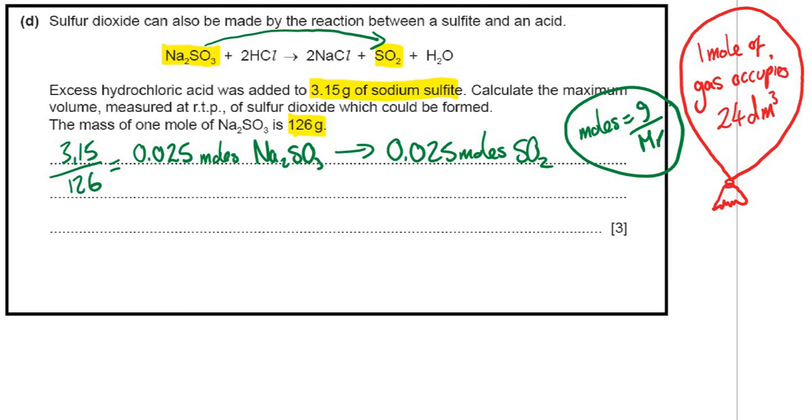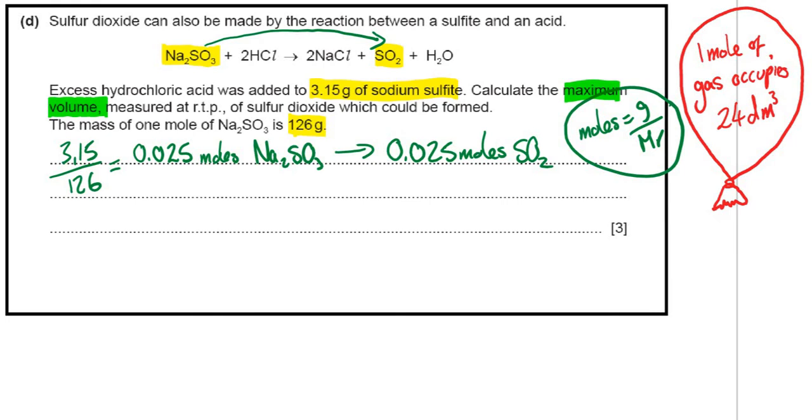Now what we need to do is convert moles into volume, because the question is asking us what is the maximum volume at room temperature and pressure of sulfur dioxide. So we go to our balloon here: 1 mole of any gas occupies 24 dm cubed. We haven't got 1 mole, we've got 0.025 moles.